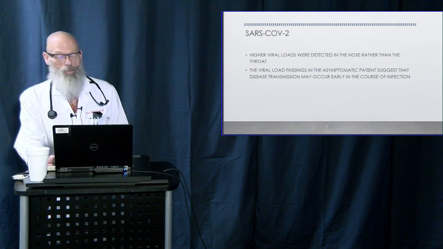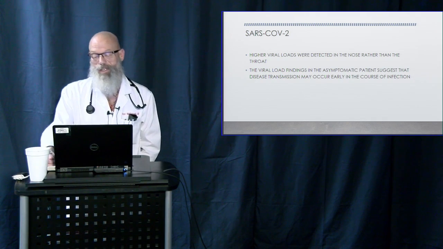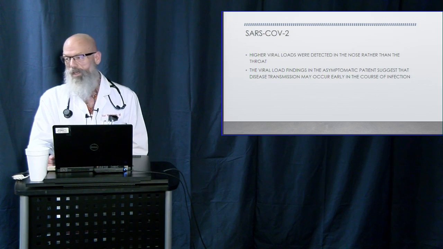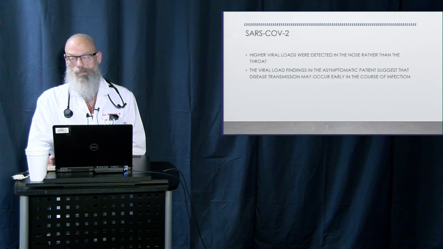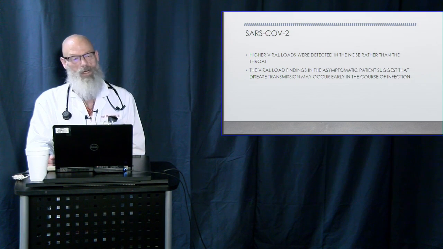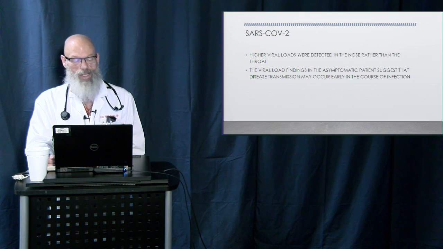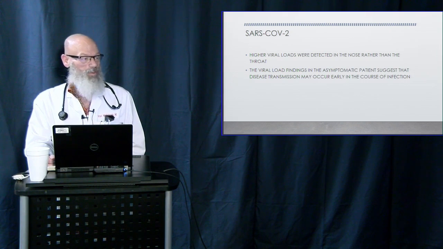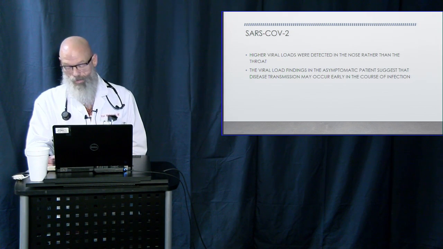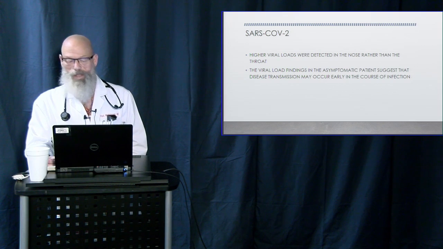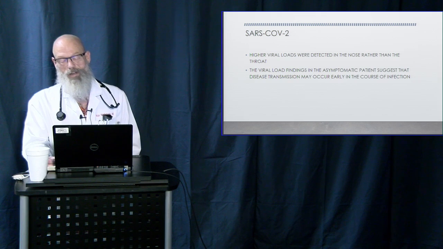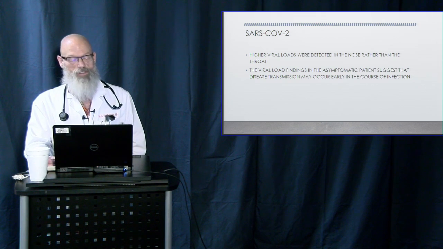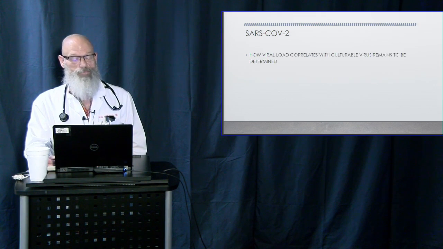They noted that there were higher viral loads detected in the nose rather than the throat, which seems to have some sort of implication regarding droplet transmission and ease of transmissibility by way of droplets. And they also drew the conclusion that the elevated viral load in the asymptomatic patient suggests that disease transmission may occur early in the course of infection, which is also concerning.